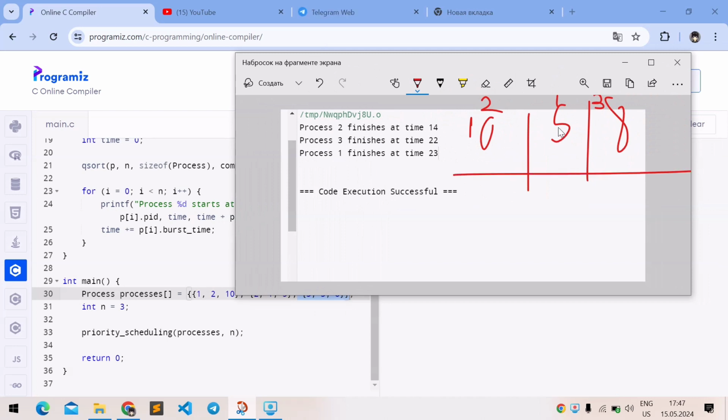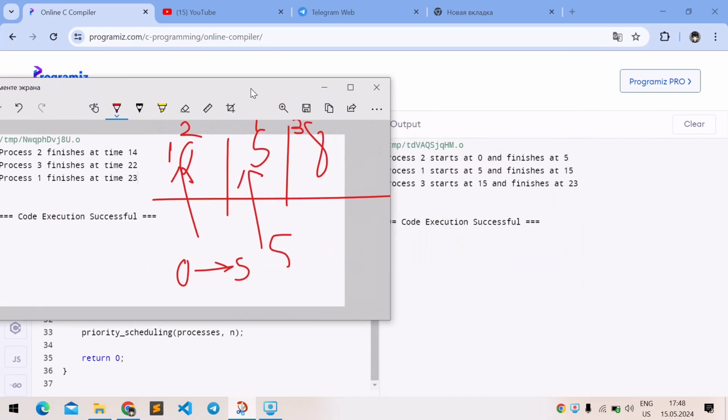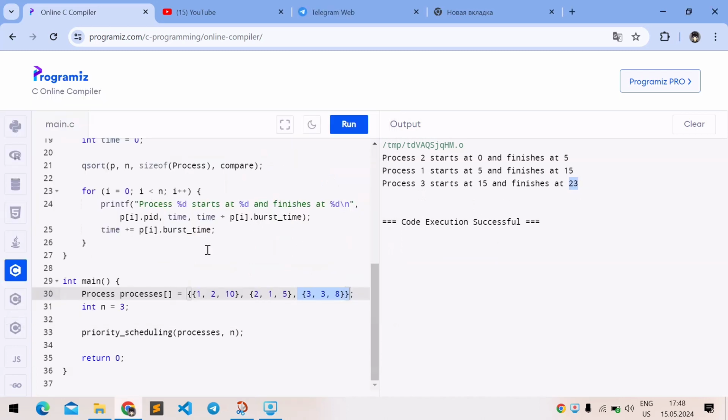First of all, it runs the process with the highest priority, with burst 5, and it will run from 0 time units to 5. And the second process with priority 2 will run from 5 to 15, because we run 10 time units. Then the last process will run 8 time units. It will finish at 23.